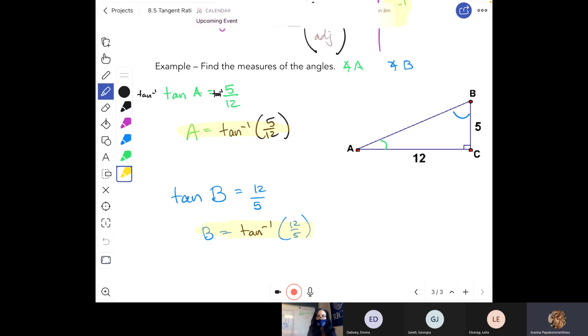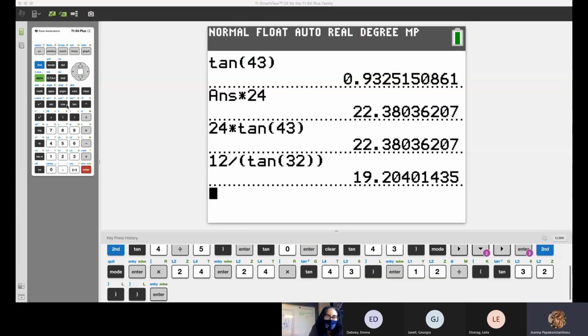How do you do the inverse? I'm going to show you. If you look above the sine, cosine, and tangent, do you see the inverse of each of these functions? So to put this in the calculator, for the first one, I would say second tan. The little blue above it is obtained by hitting the second button.